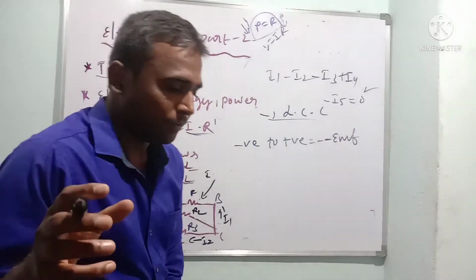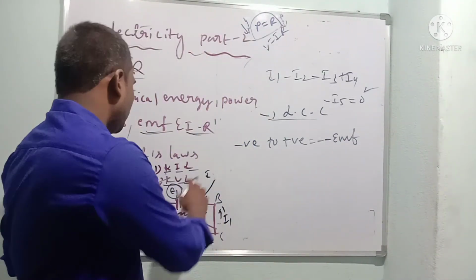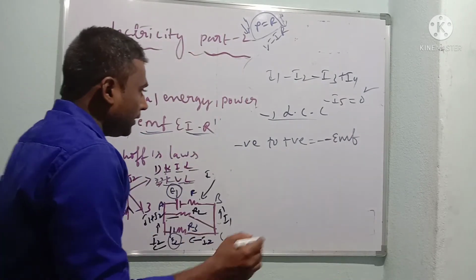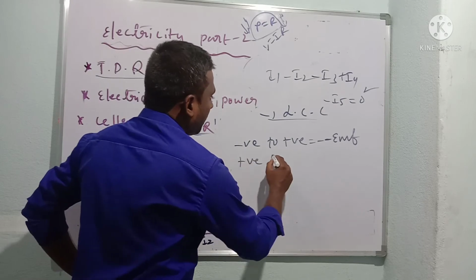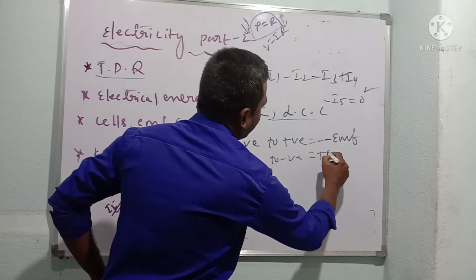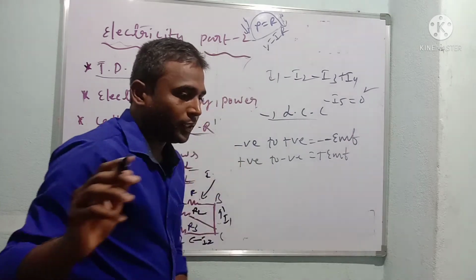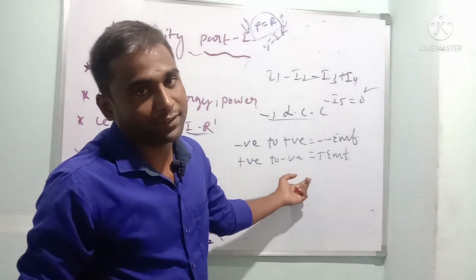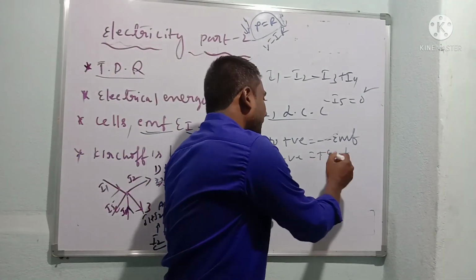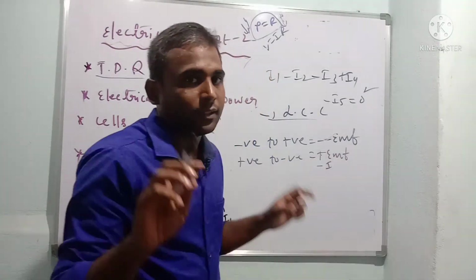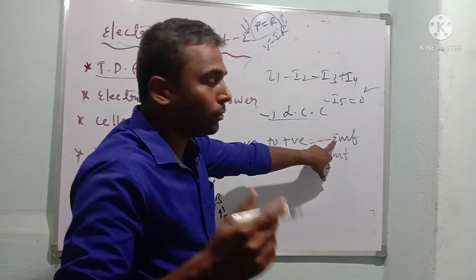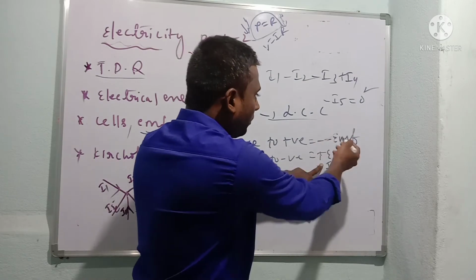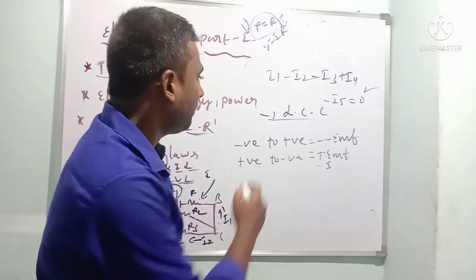Similarly, when going from positive to negative, that is plus EMF. Very important, children. If this is minus EMF, then current will be plus, and if it is plus EMF, then current will be minus. Simple trick. EMF is positive, current is negative. EMF is negative, current is positive. That's it. Please note down.